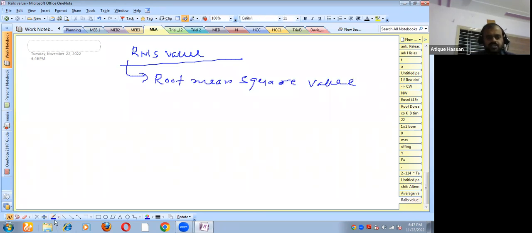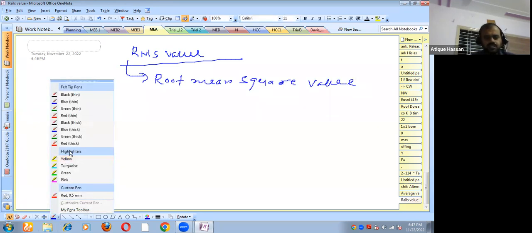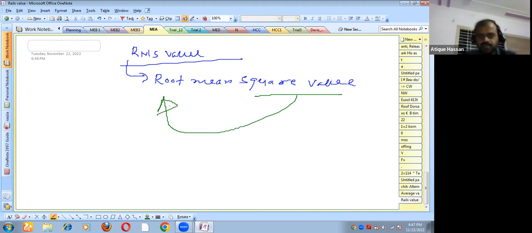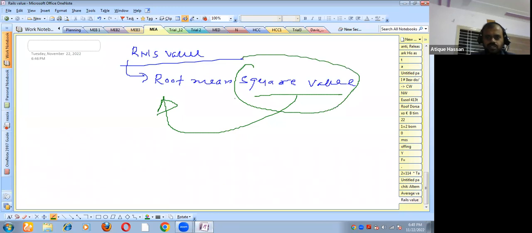So the basic concept behind it, how do you remember to calculate RMS value? I will suggest you to go from the forward direction to the back direction. Then you can understand it better. Actually, what does it mean? You have to take the square value, then you take the mean of that, then you take the root of that.